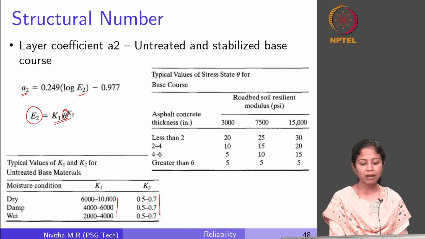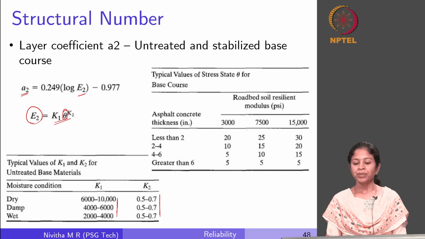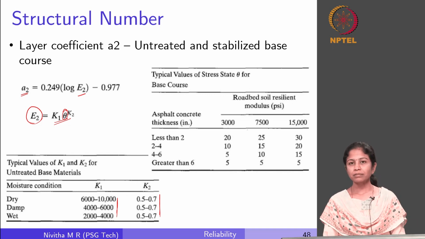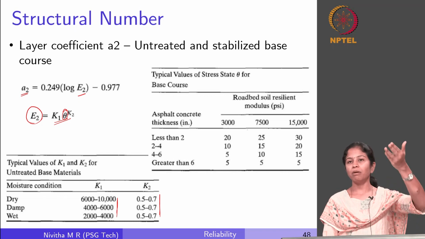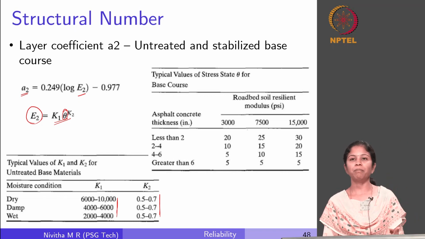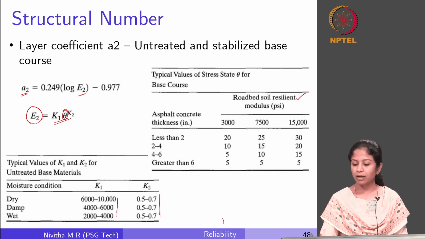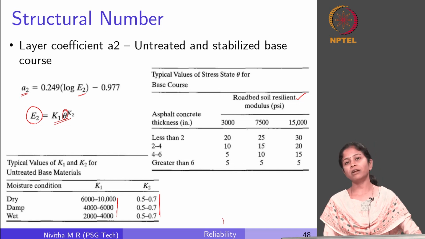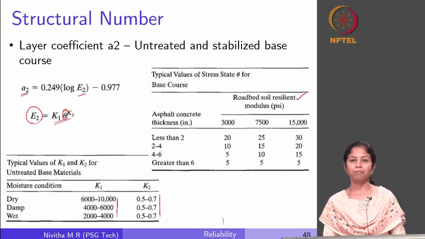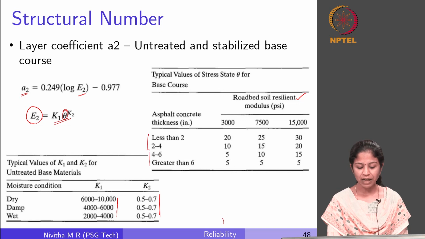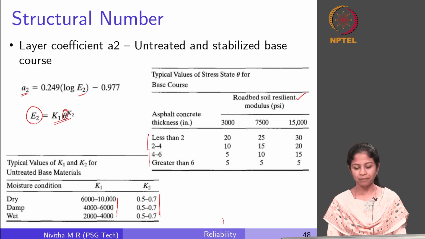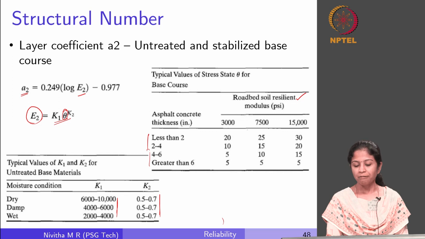So, if I am required to calculate the stress state of the base layer, I need to know the thickness of the above lying layer, and it also depends upon the resilient modulus of the underlying layer. So, that is why this theta depends upon the roadbed soil resilient modulus and the thickness of the asphalt layer which is lying on top of it. So, based on these two values, we will be able to compute the stress state for the material.